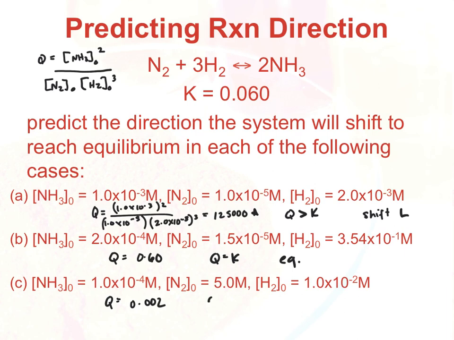So in this case, Q is smaller than K. So our reaction is going to need to shift to the right or towards our products in order to be in equilibrium. So this is how we utilize the reaction quotient to figure out what direction our reaction needs to shift in order to be at equilibrium.